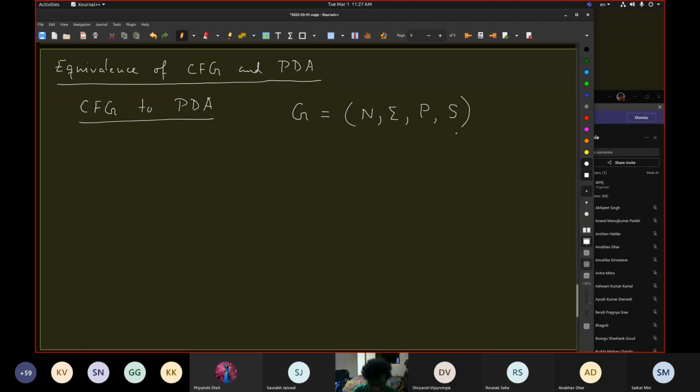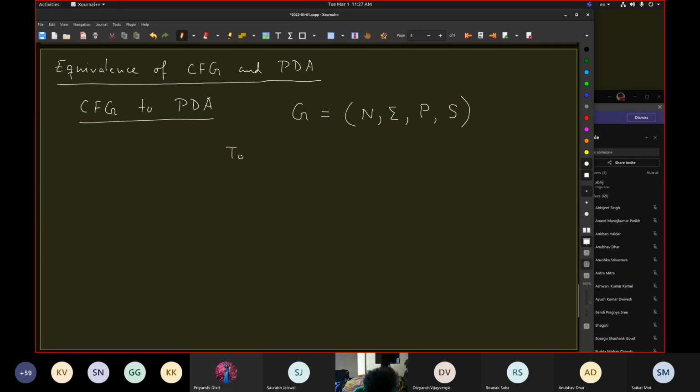Anyway, it doesn't matter. Set of non-terminal symbols, set of terminal symbols, and the set of productions. This is the start symbol, which is a distinguished member of this N.